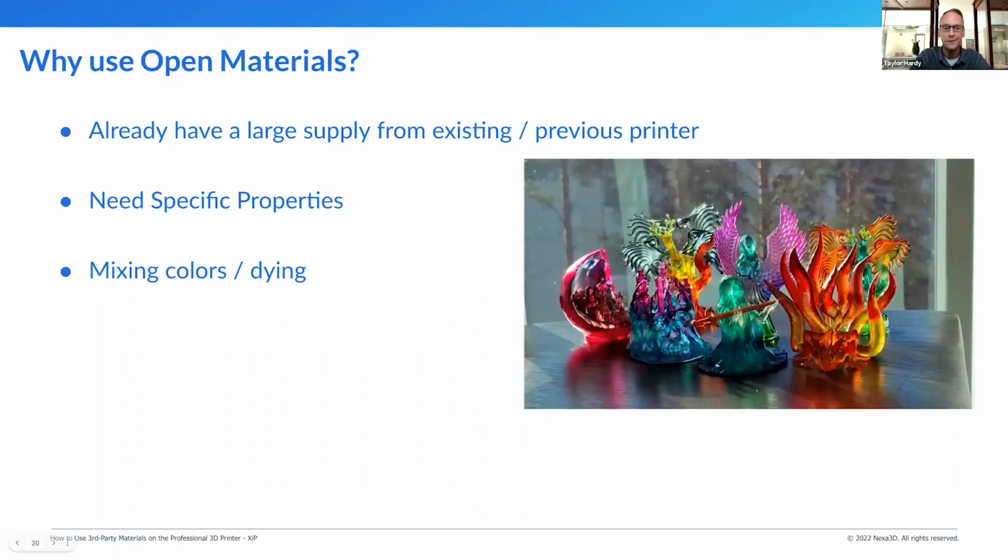So another advantage is you can do different color mixing and dyeing. That was one of the big responses I got from one of the posts. I think it was on the first slide. I was mixing colors to make a green color for just something I'm doing around the house, but we've had to mix dyes for different clients because they're trying to achieve a specific end product with the printers.